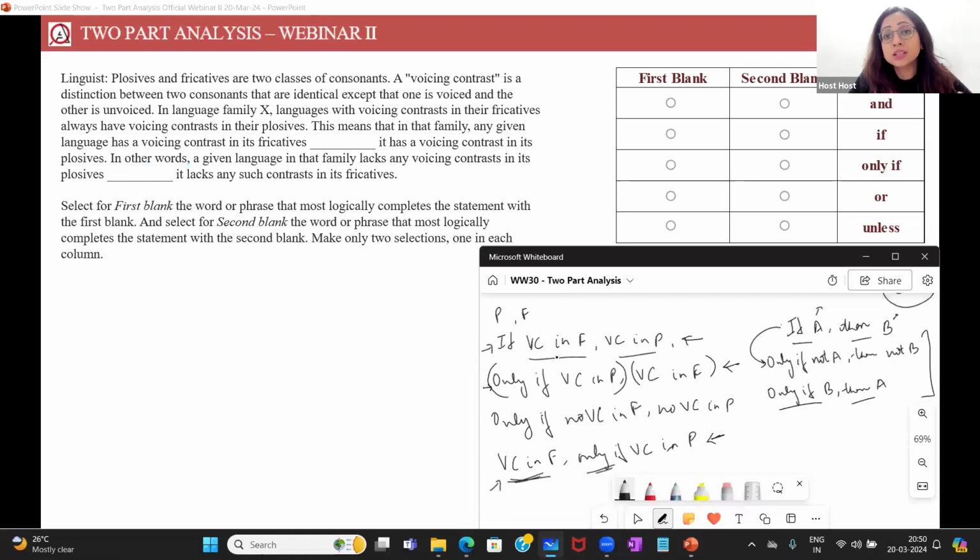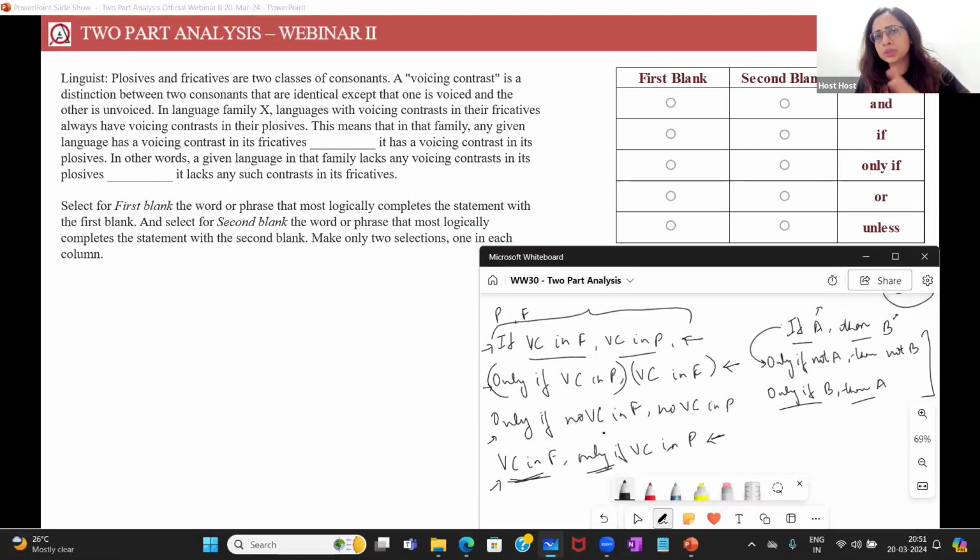They are talking about this relation only, which means that whatever comes in the blank should be as per this entire if statement. A given language in that family lacks any VC in its P, dash, it lacks any VC in its F. Look at this. Again, no VC in P only if no VC in F.